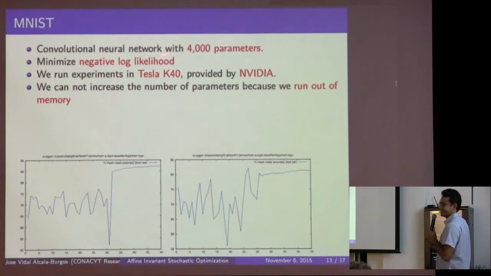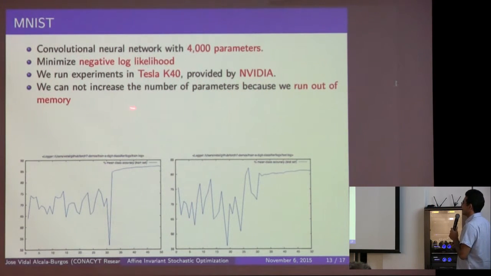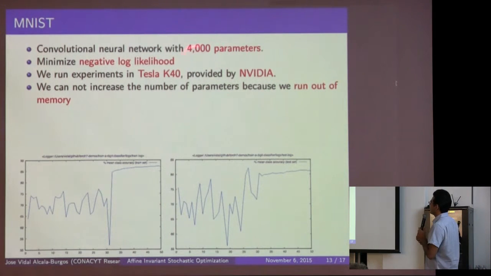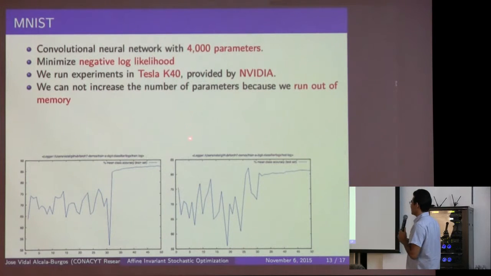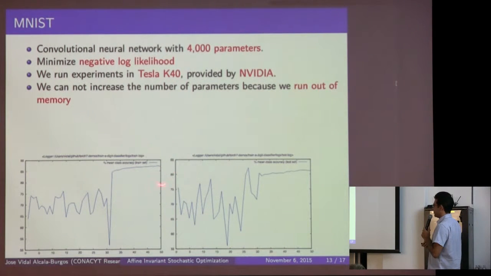So that's nice. So thanks, NVIDIA. Okay, and this is the limit on the number of parameters that we can use. If we go beyond 4,000 parameters, then we just don't have enough memory to store our square matrix, right? But 4,000 parameters is quite enough if you think about it.